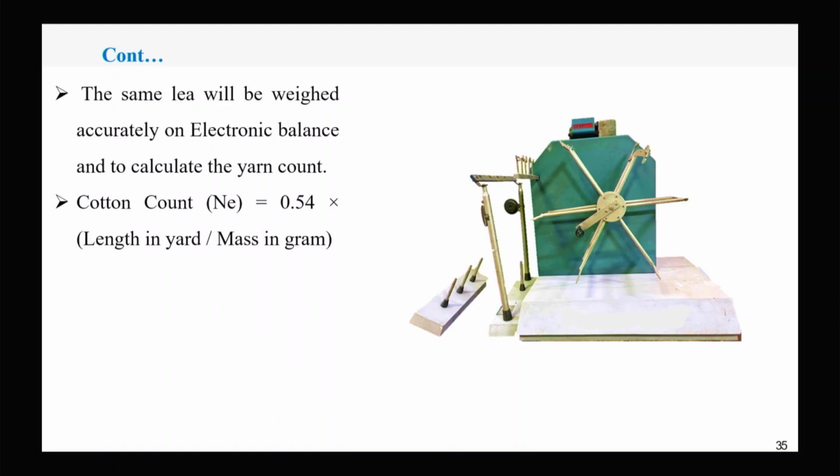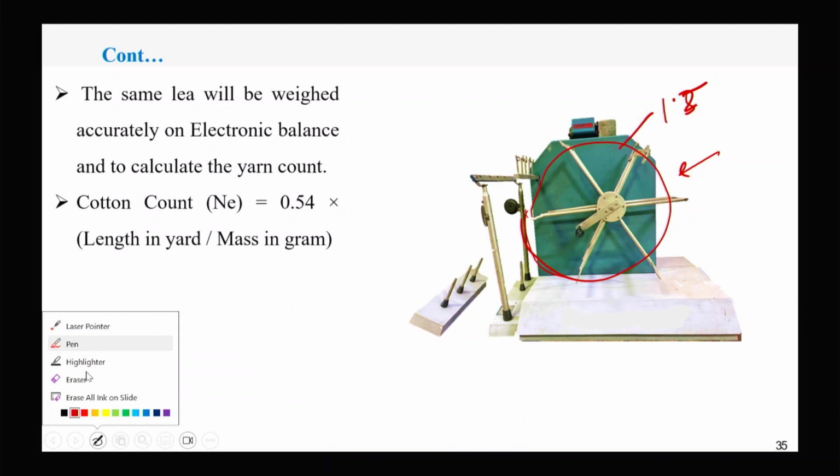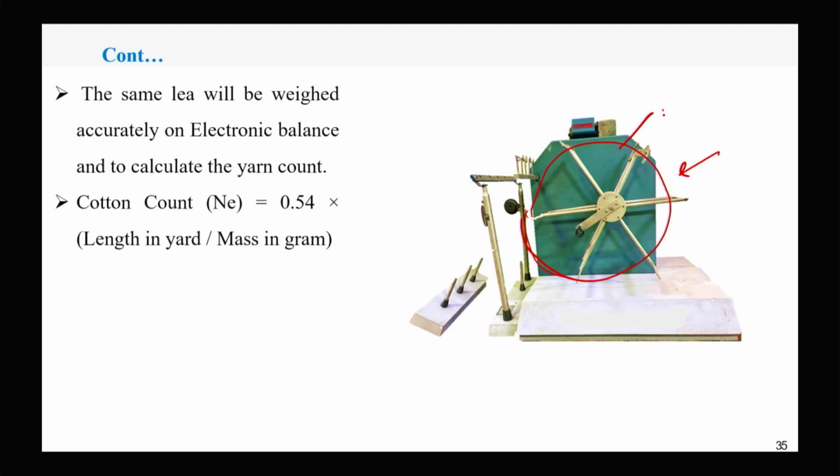This is the wrap reel, where one revolution is 1.5 yards, and if we take 80 such wraps, it becomes 120 yards, which is called a lea.